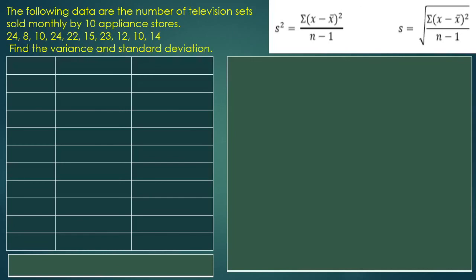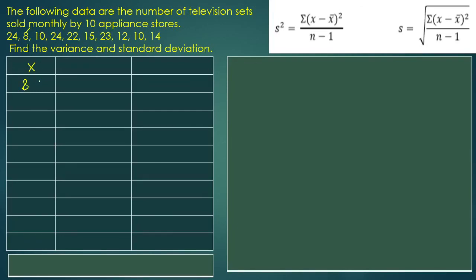The following data are the number of television sets sold monthly by 10 appliance stores. So you have here the values of X. By the way, you can arrange that. Do you want to arrange that or leave it as it is? Arrange. Okay, what is the smallest number there? 8. So I'm going to start with 8.